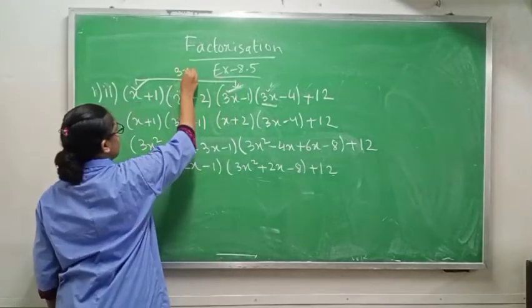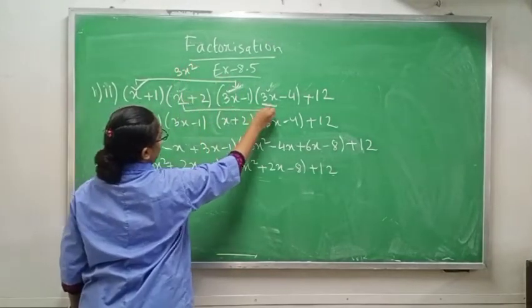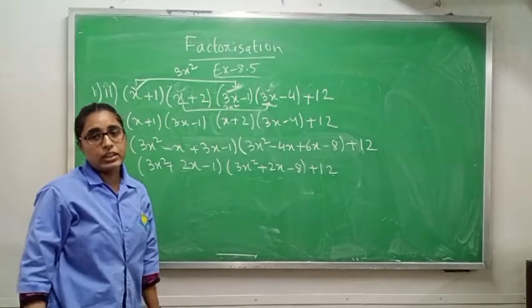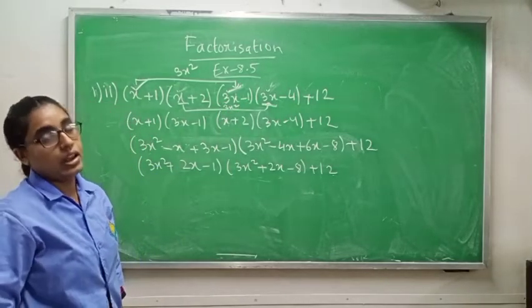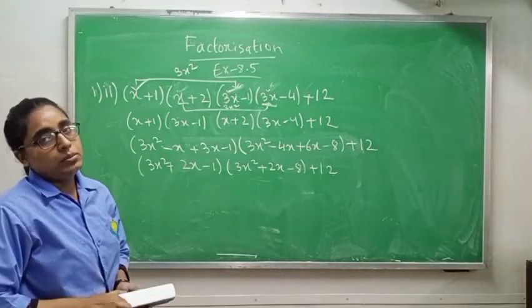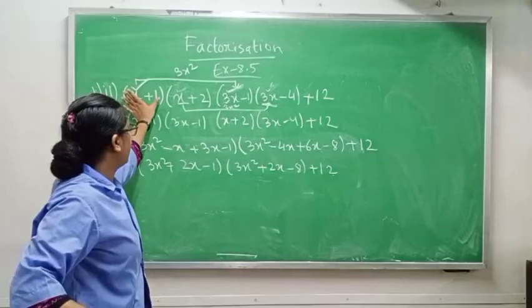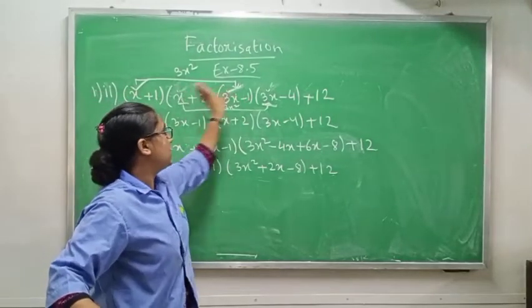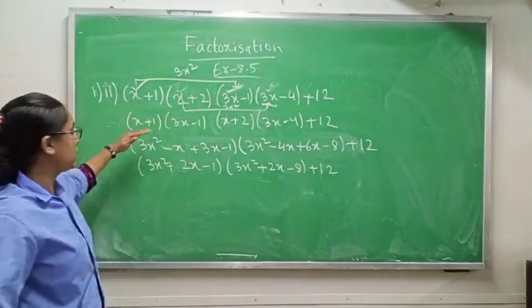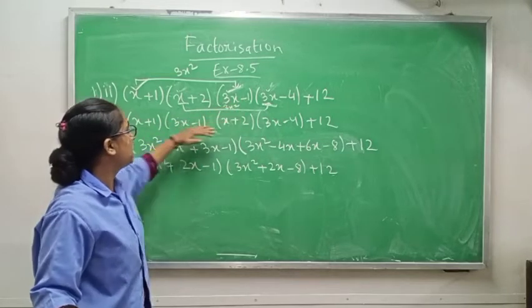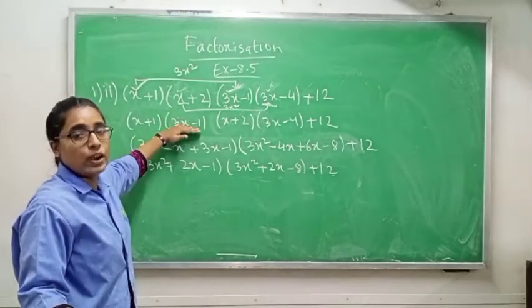We are getting the same thing after multiplication, so you can make a pair of those two terms. That is why I have written the first term x plus 1 and then the third term 3x minus 1. Understood? You have to make pairs.